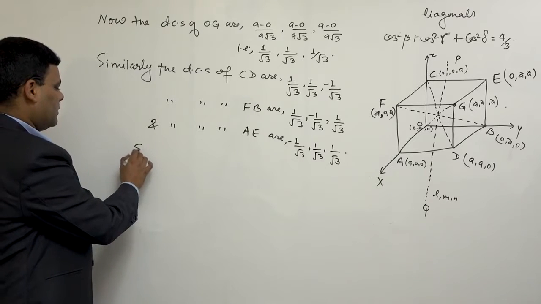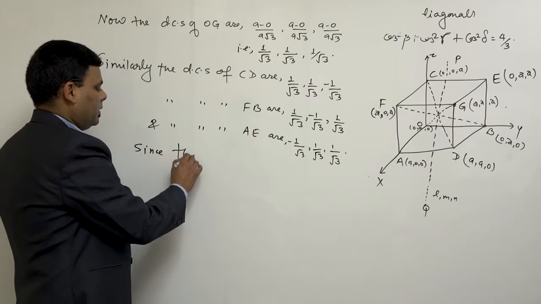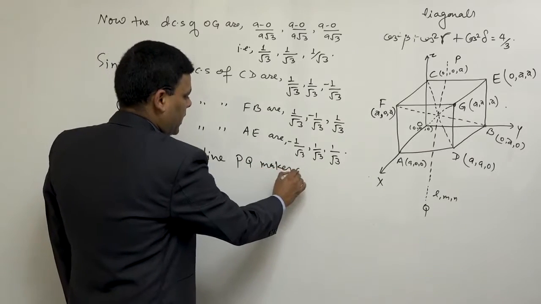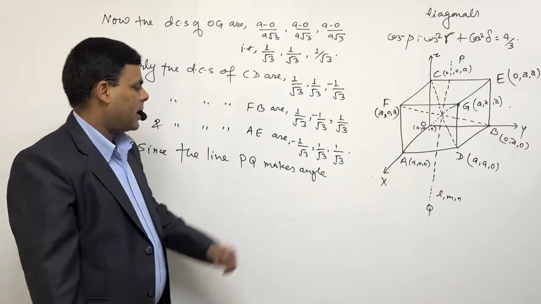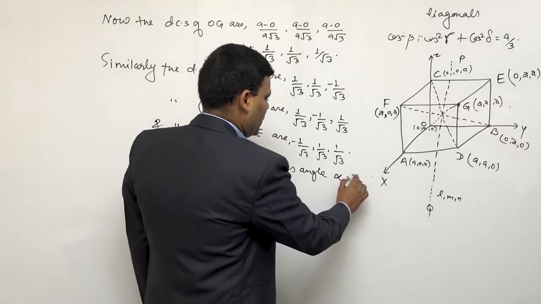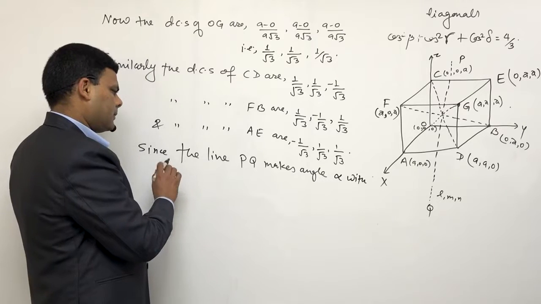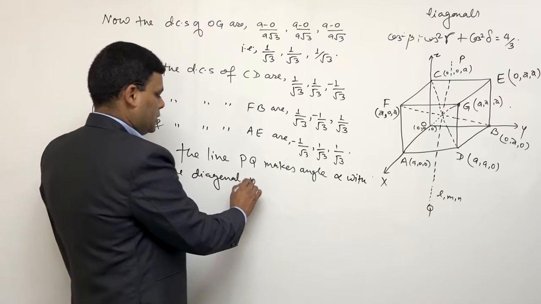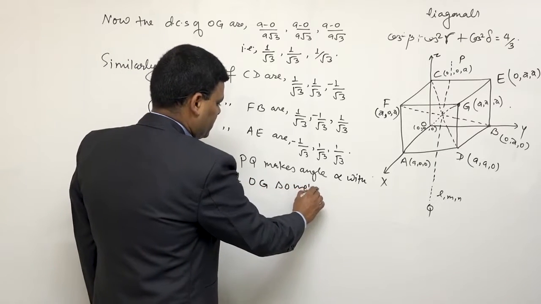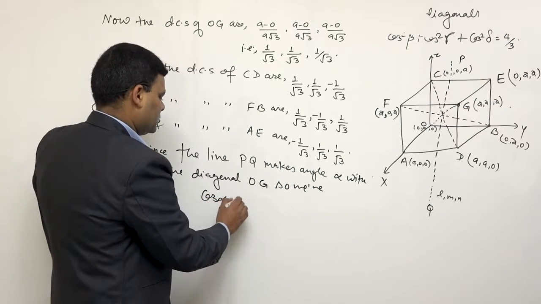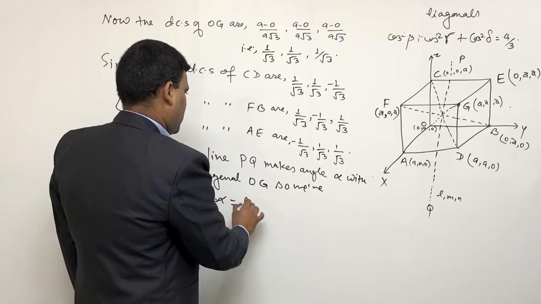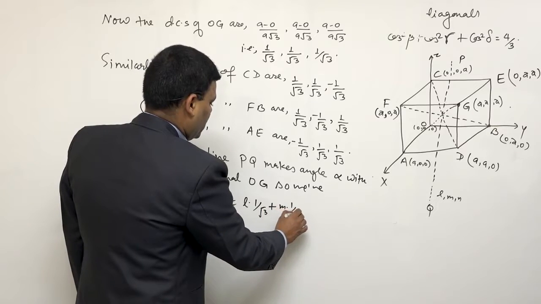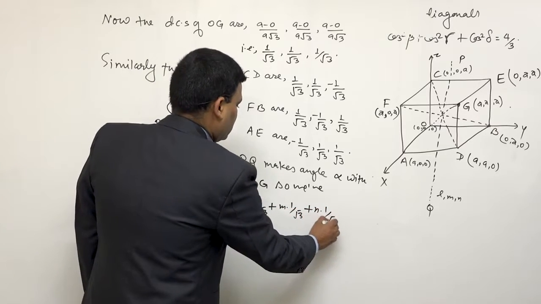Since the line PQ makes an angle alpha with the diagonal OG, we have cos alpha equals L into 1 by root 3 plus M into 1 by root 3 plus N into 1 by root 3.